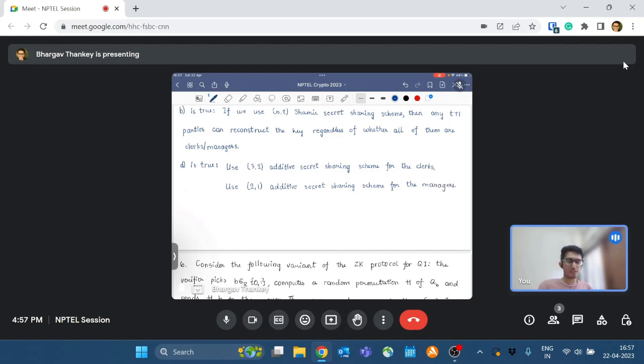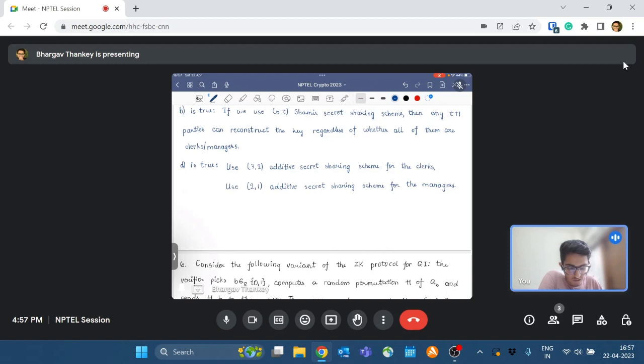If we do this, first of all, notice that every clerk and every manager just gets one share. So this scheme satisfies the property given in C. If we can show that this scheme works, then C would be false. So now let's see why this scheme works.